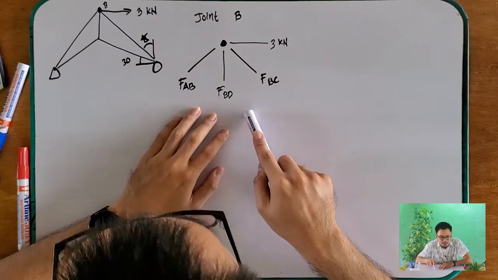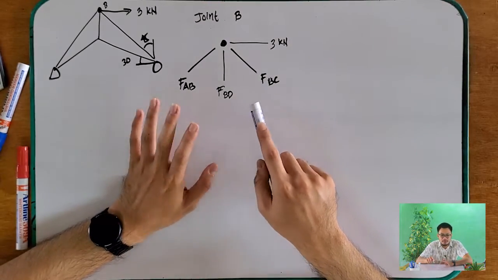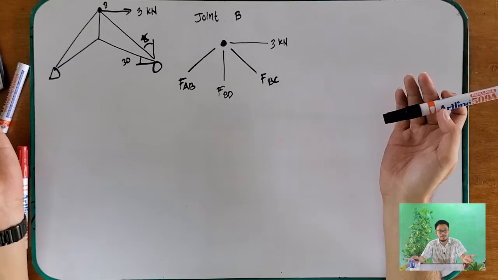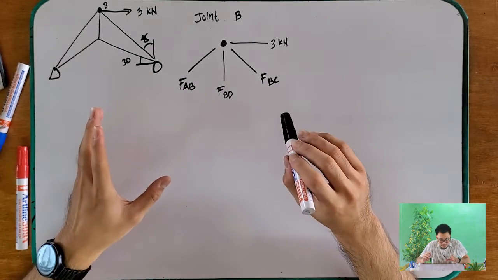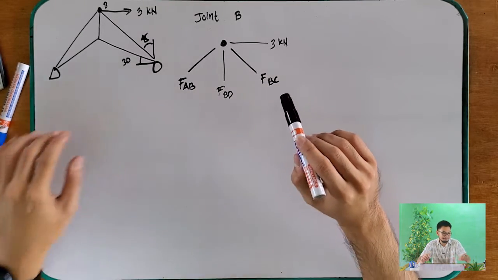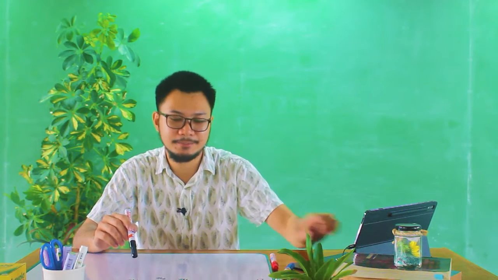Okay? Take note, you should choose a joint wherein that joint only has 2 unknown members. So, you cannot choose joint B for you to solve this problem. You have to choose a joint nga solvable siya.